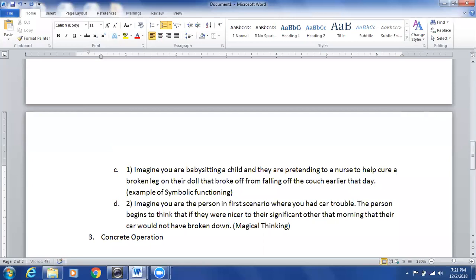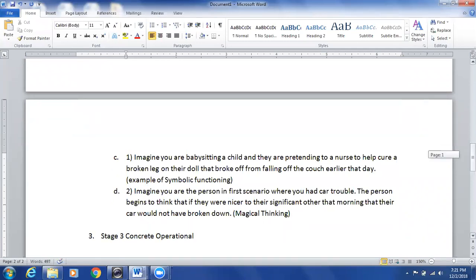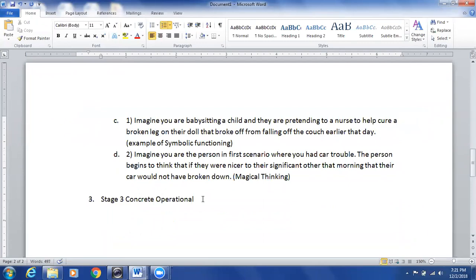So now we're looking at the next stage. Stage 3, concrete operational, and this is age 7 to 11. What's happening here is they are beginning to develop logical or operational type thinking.